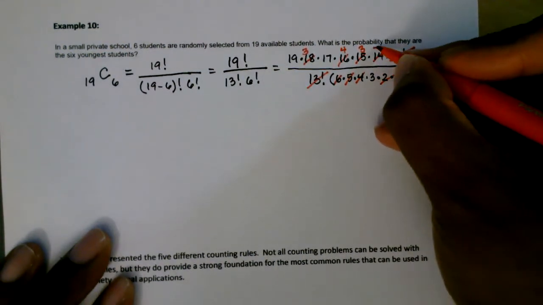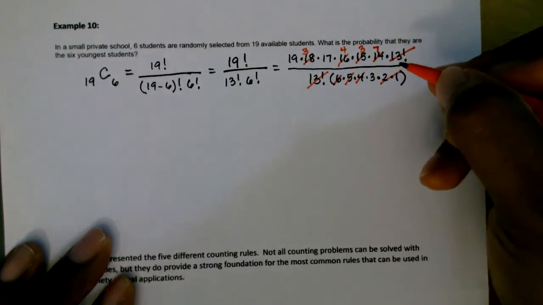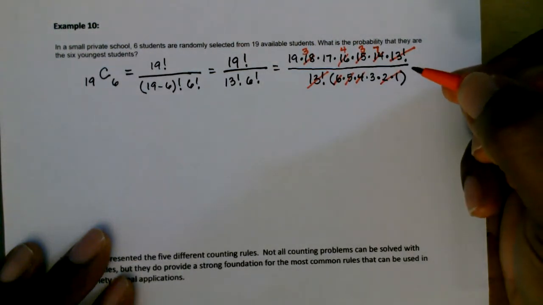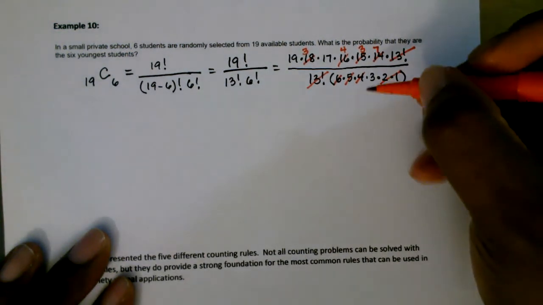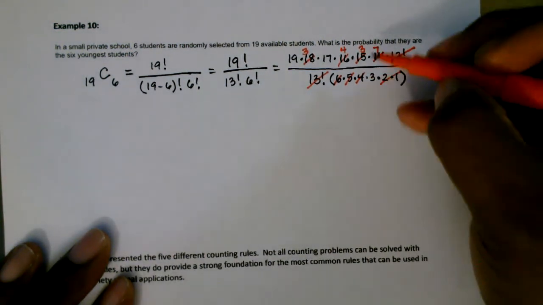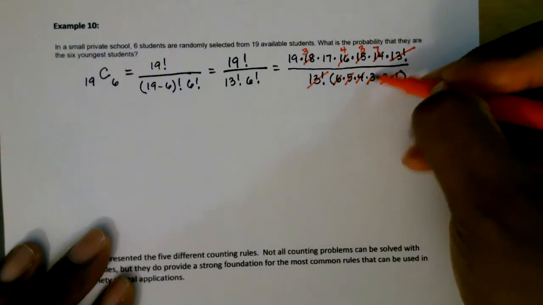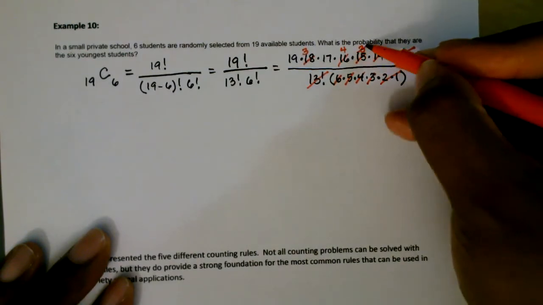That goes into this 14 7 times. Oh, and this 3 right here can go into this 3 right here 1 time.